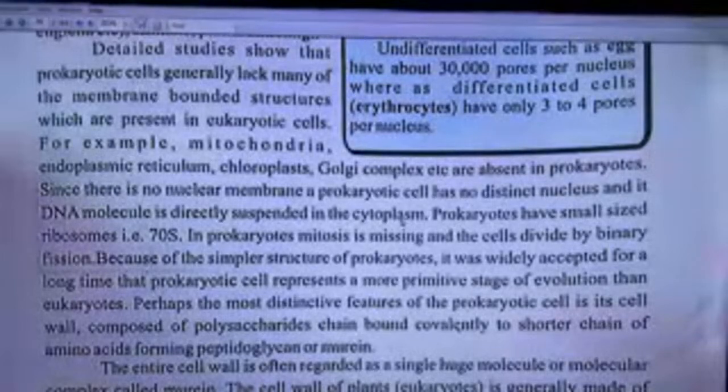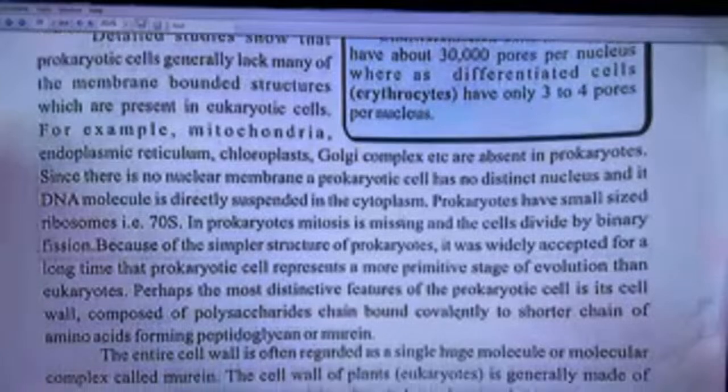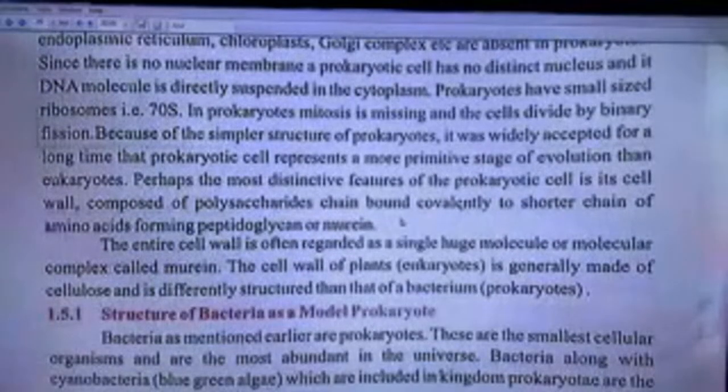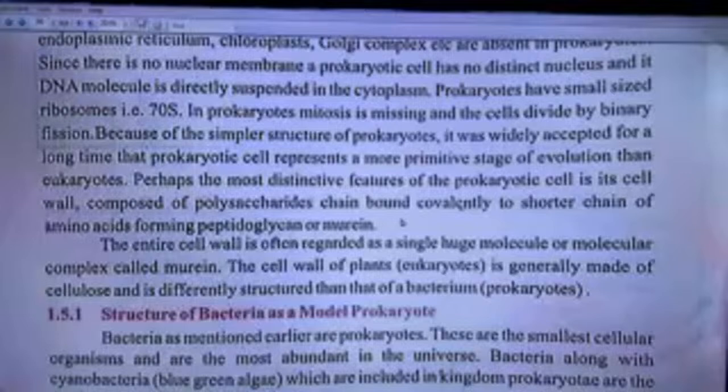For example, mitochondria, endoplasmic reticulum, chloroplast, and Golgi complex are absent in prokaryotes. Since there is no nuclear membrane, a prokaryotic cell has no distinct nucleus and its DNA molecule is directly suspended in the cytoplasm. Prokaryotes have small-sized ribosomes.